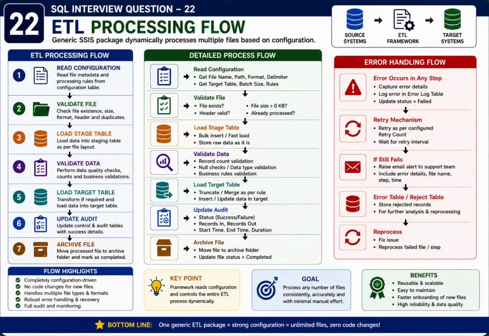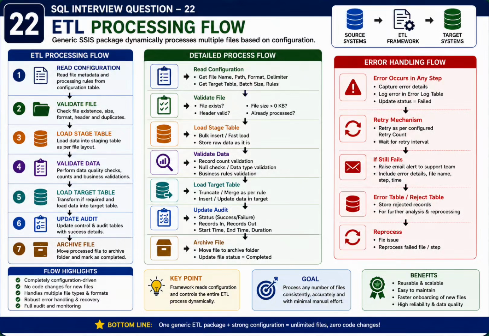Stage tables act as temporary storage where the raw data is stored exactly as received. After loading into the stage table, data validation begins. Here we verify record counts, mandatory columns and null values, duplicate records, and business rules.